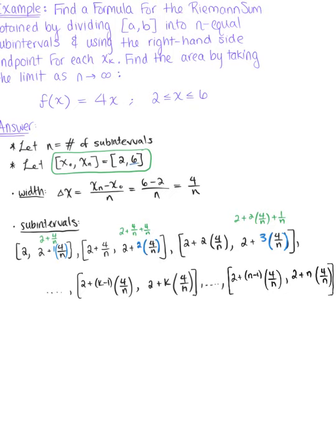We're trying to get 6. Those n's will cancel each other out, and we get 2 plus 4, which is 6. Woohoo! So we can remove this and put in that 6 there. This is the way to check our algebra. And the most important subinterval here is always that kth subinterval.